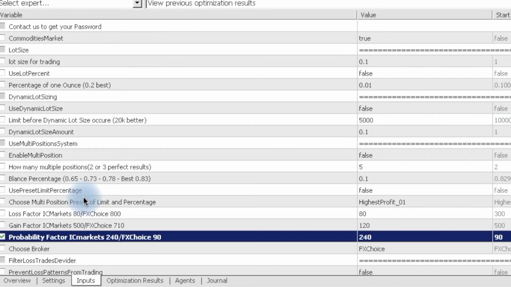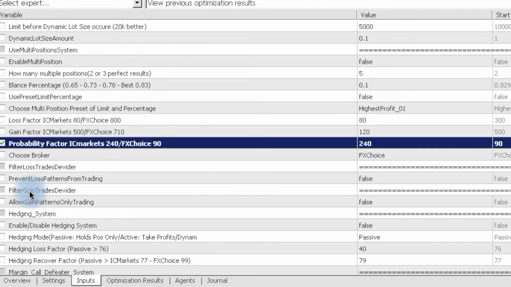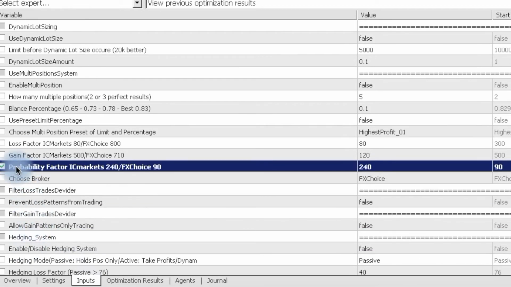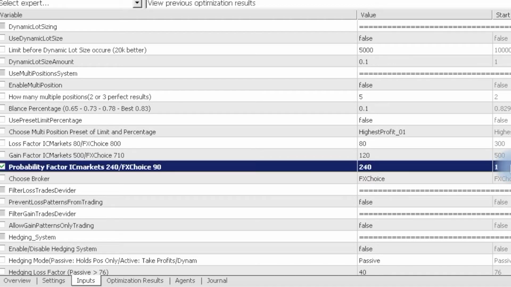So I turn everything off. You can see all tick marks are off, only leaving this tick mark on, and then I will say start. Now it will try all the numbers that you put in here. So I say start from 1, with step 1, meaning it increases by 1.